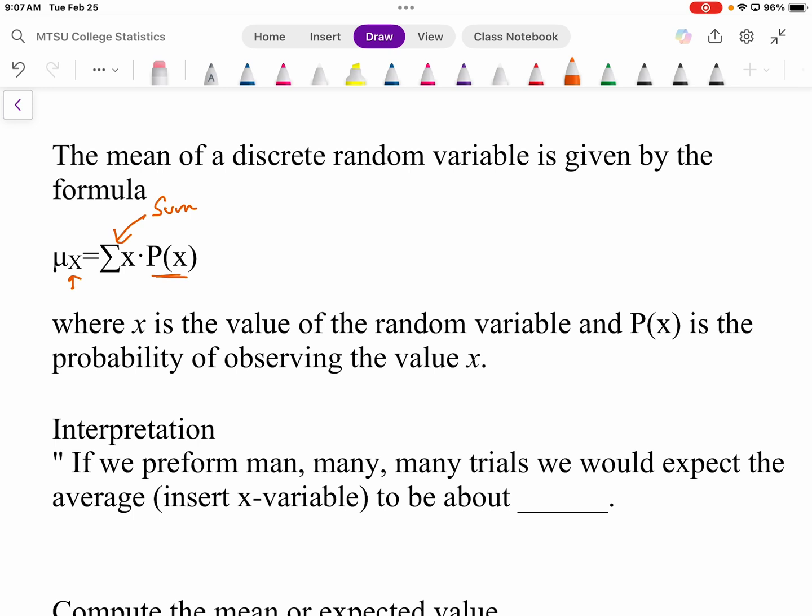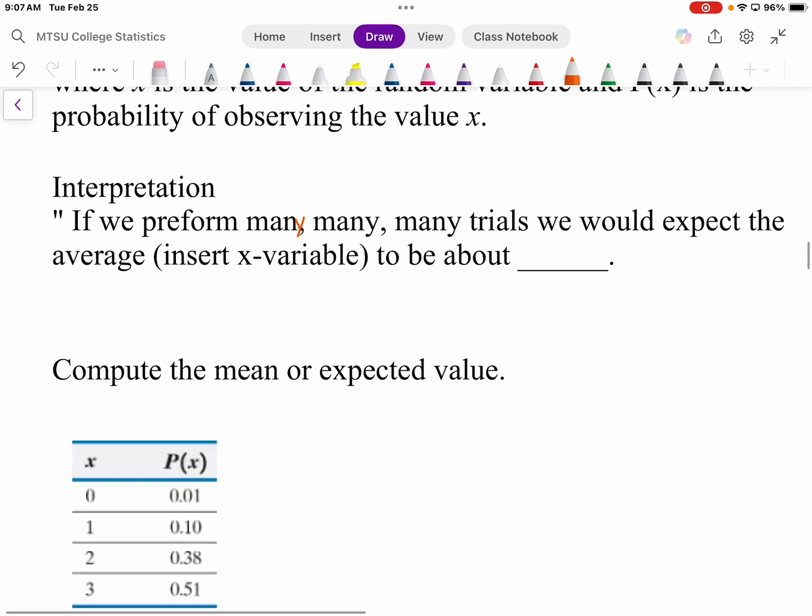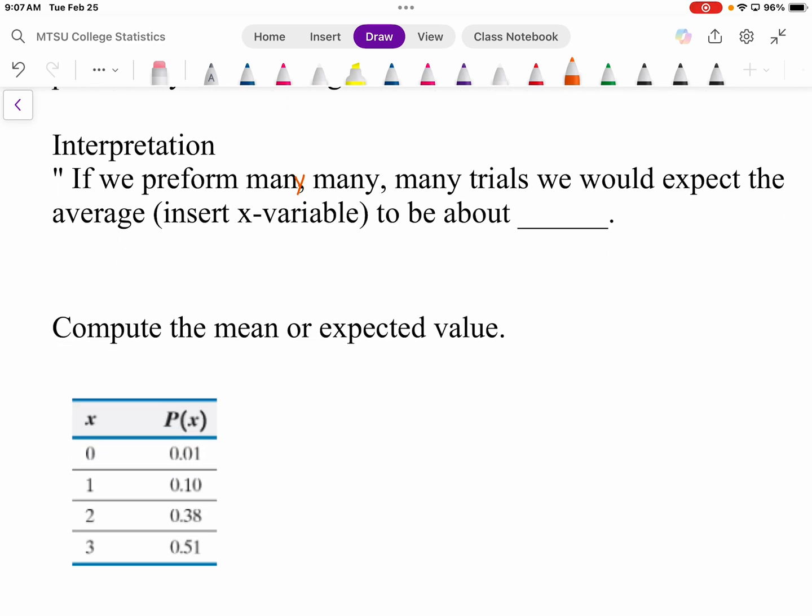Where x is the value of the random variable and p of x is the probability of observing it. How do we interpret it? If we perform many, many, many trials, we would expect the average, and then whatever the context of our x variable is, the average number of heads shown after tossing a coin to be about, boom, whatever that number is. So here's how you would go through and calculate it.